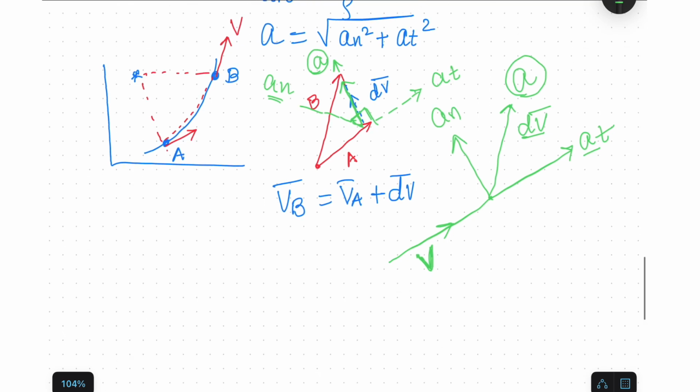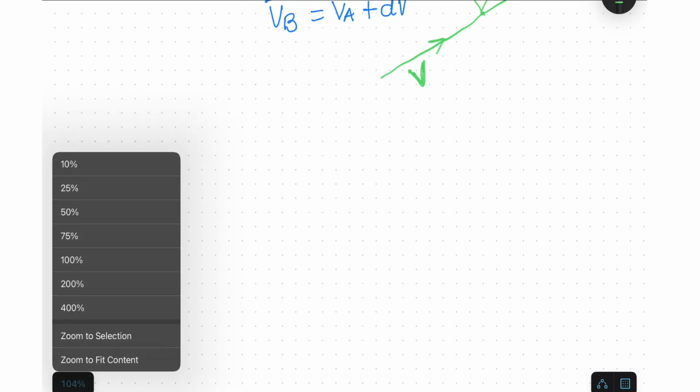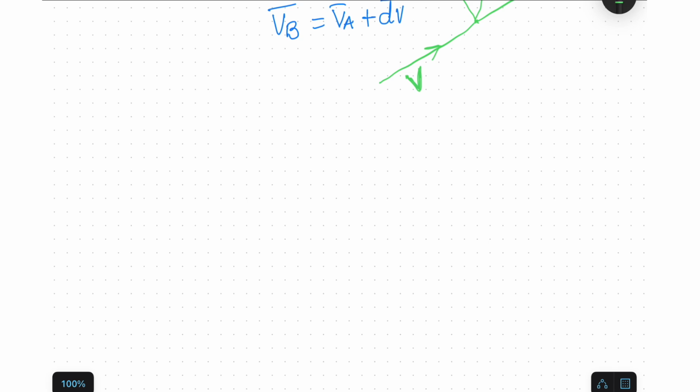Guys, now let's move to the new concept. We are going to use the n and t coordinate system on a circle. Previously we were talking about the curvilinear path, but now we will apply the same concept on a circle. So let me draw a circle.